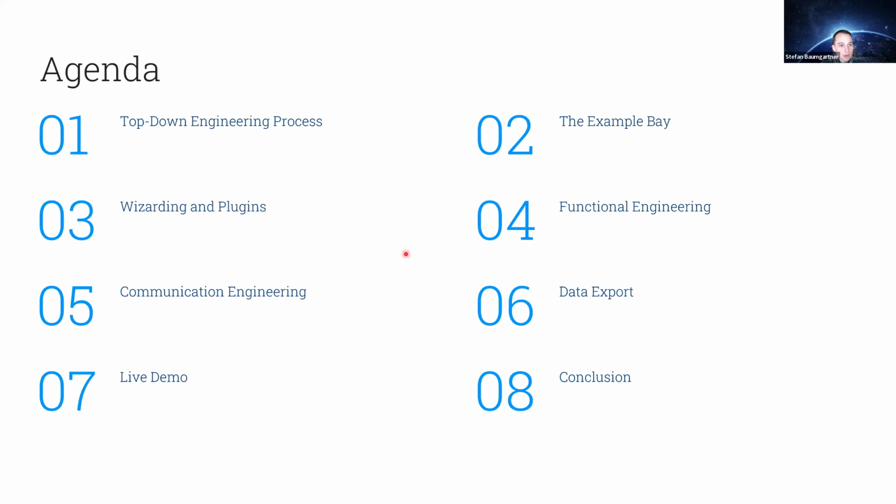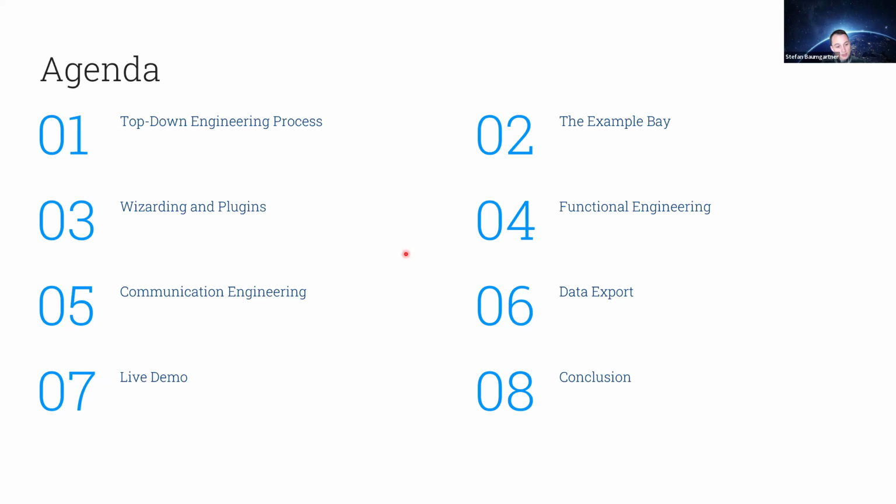Here we have our agenda. We have in 8 points the top-down engineering process itself, an example bay. We will talk about the wizarding and the plugins, how we do in best practice the functional engineering, how we will do the communication engineering, and in the end we will go a little bit more into the details of the data export and what we are already able to do with CoMPAS.